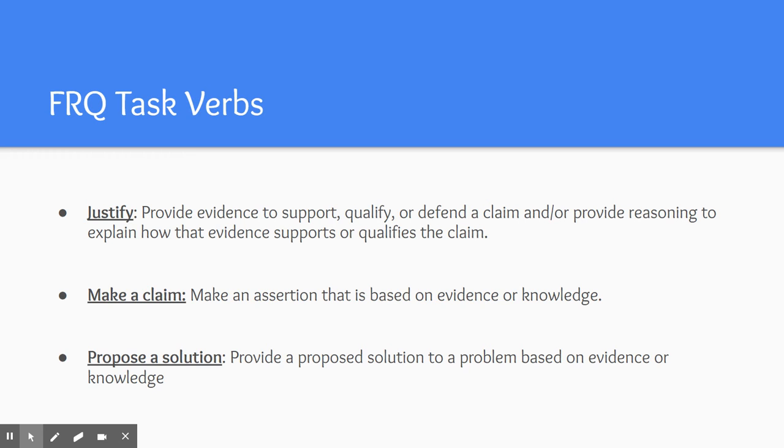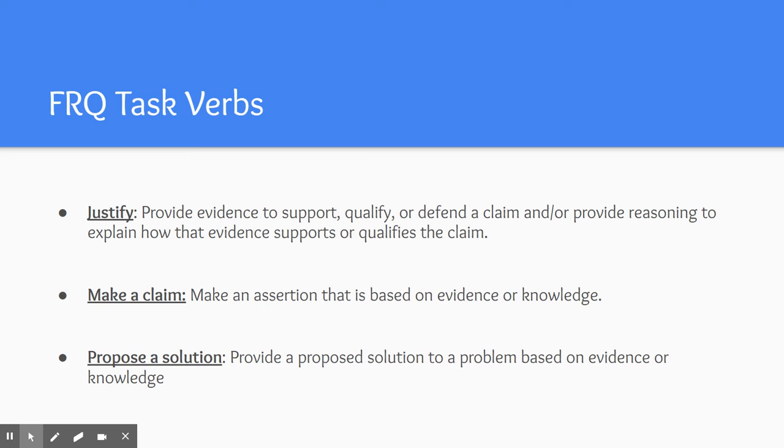If you are making a claim, then what you are doing is you are basically making an assertion that is based on evidence or knowledge. And you could say, per the Montreal Protocol, right? You can play off of that. You can say, according to the Paris Climate Agreement, and make your statement based on a very well published fact, law, treaty.